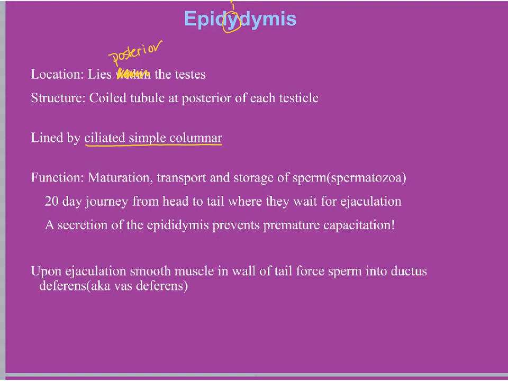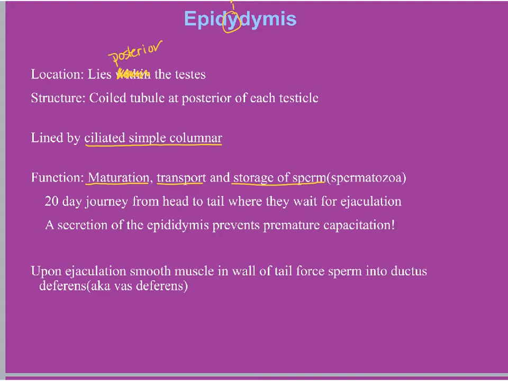And what's happening in the epididymis, or the function of the epididymis, is the sperm will stay there for almost 3 weeks. And in that time, they're going to finish maturing. They're going to be transported from the head of the epididymis to the tail of the epididymis. And then once at the tail, the sperm will be stored there until ejaculation.